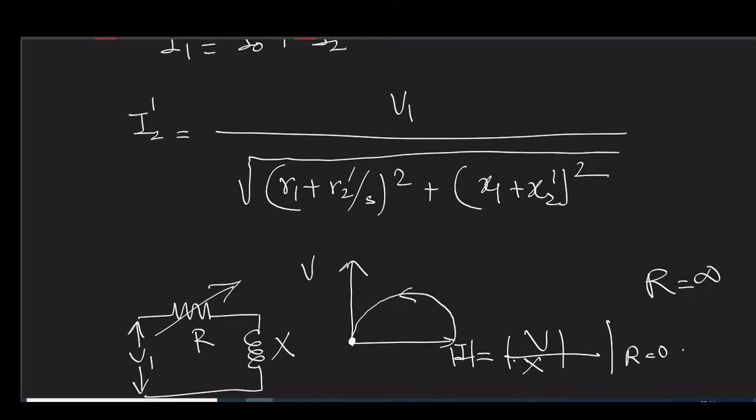with the radius of that semicircle being V by X, and for any value of r we will have a current. We can figure out the current from this circle diagram.